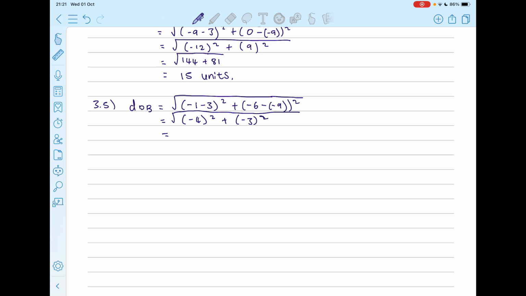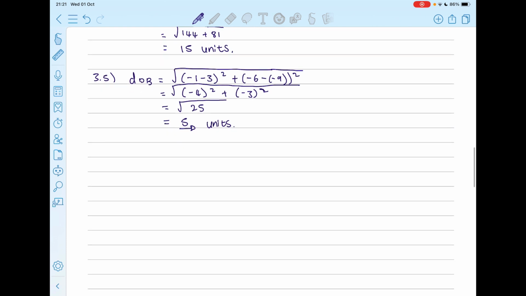Now this is 4 squared plus 3 squared, which is just the square root of 25. And there we go, 5 units.